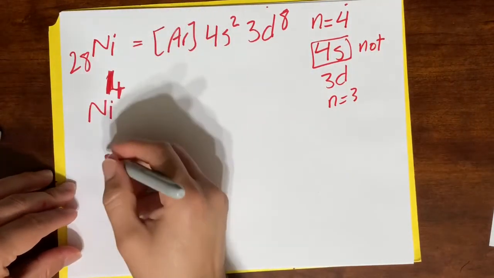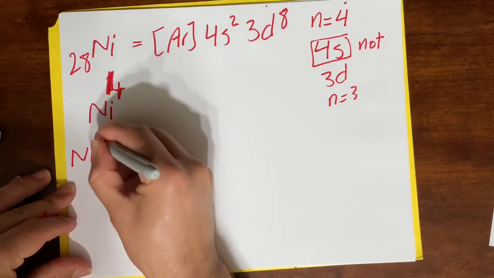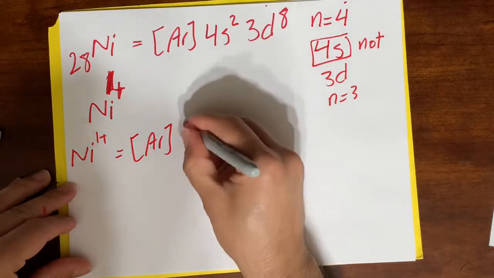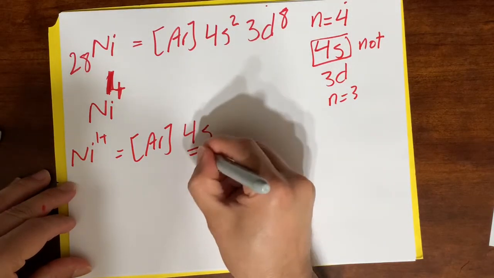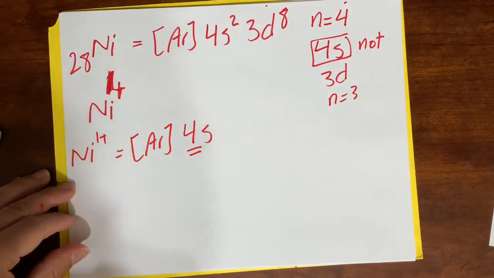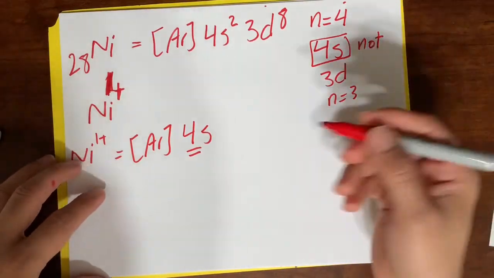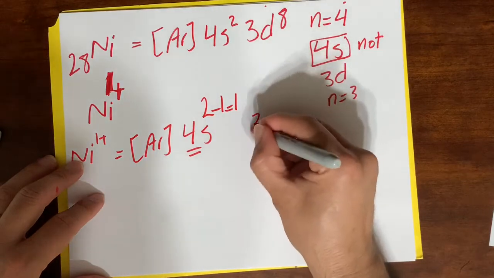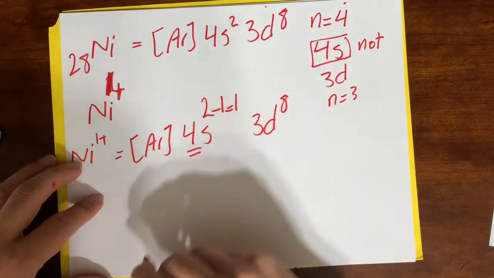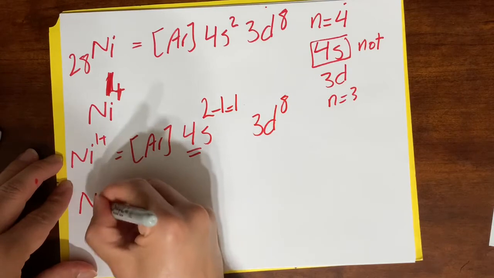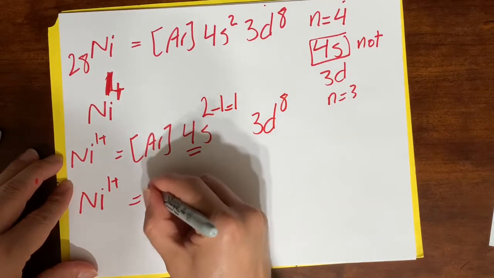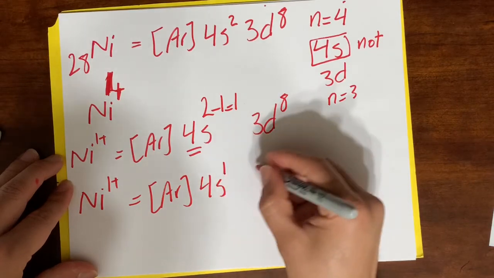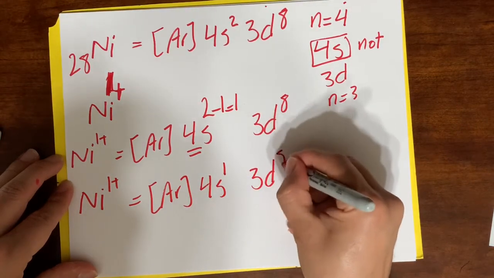Not the 3d, because this one has n equal 3. So for nickel plus 1, it will be argon, and we take the electron from the highest orbital, which is s, highest n, I should say. It will be 2 minus 1, 1. And the 3d, we will have 8 electrons in it. So nickel plus 1 will be argon 4s1 3d8.